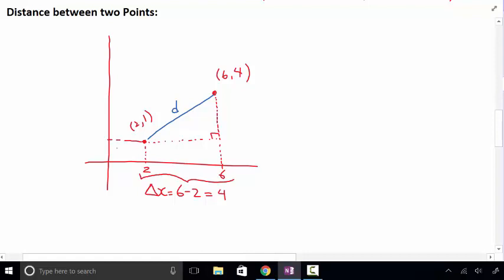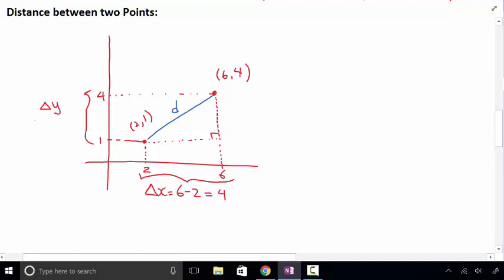Okay, what do you think you have to do for the y values? This is what? 1 to what? 4. And so in order to find my distance there, what would I have to do? I have to do delta y.